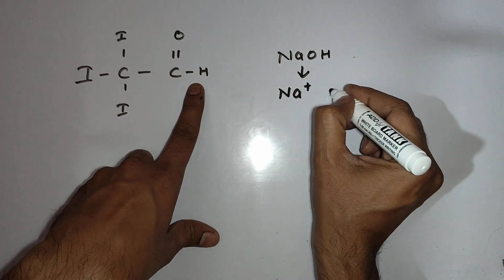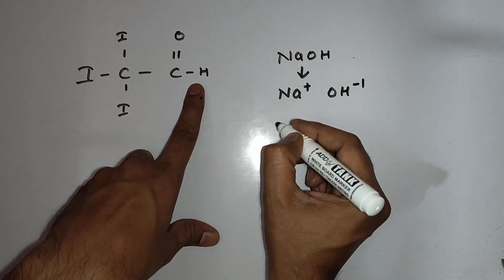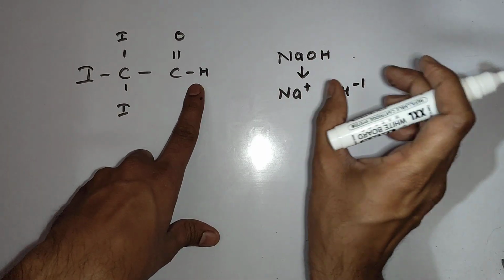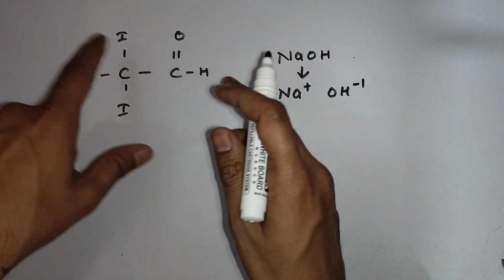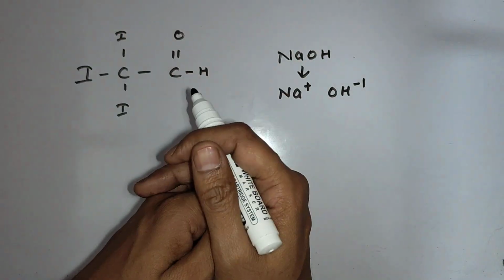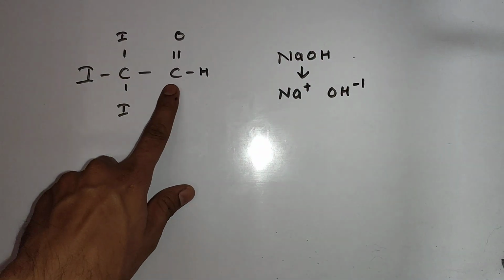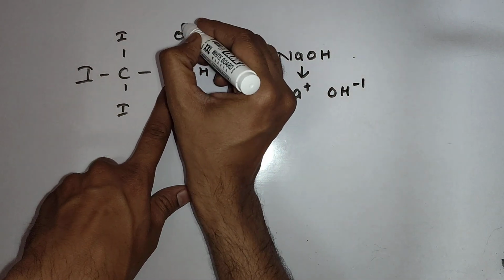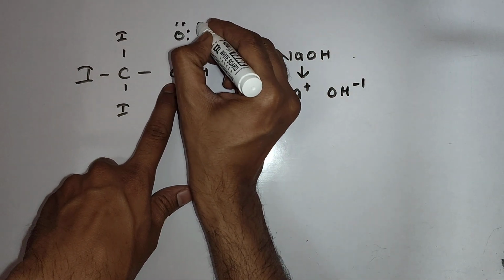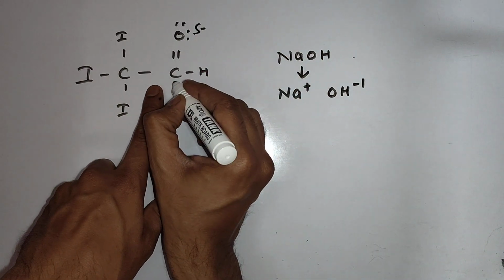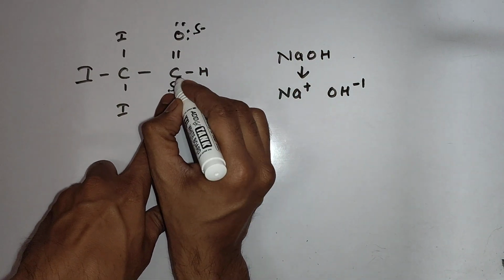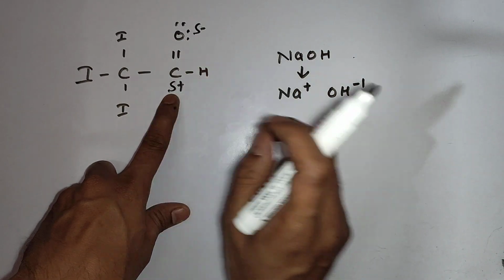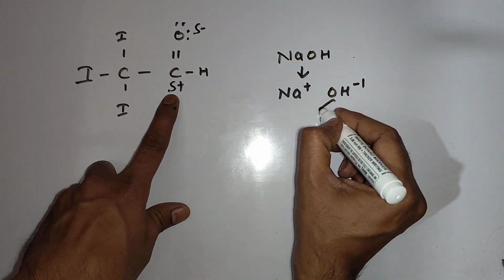Na positive, OH negative. Now this OH negative will attack on which particle? Hydrogens are not there. H positive particles are not there. This is a carbonyl group, and in the carbonyl group, oxygen is carrying a high negative charge, carbon is carrying a positive charge. Now this carbon will be the next target of this OH.